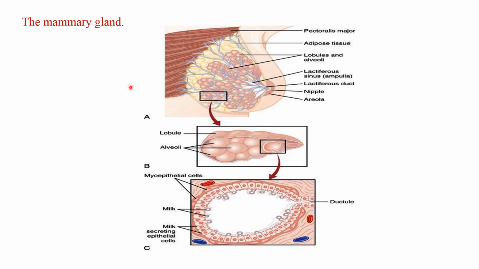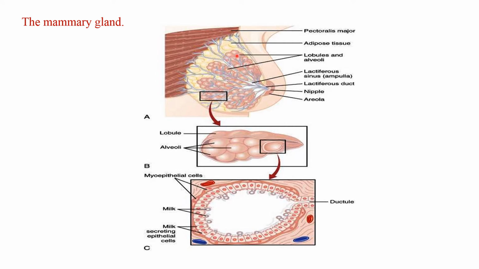Just want to review with you the mammary gland here so that you understand how prolactin works. This is the breast here, and these are the ligaments, and this is the fatty tissue, and this is the pectoralis major.